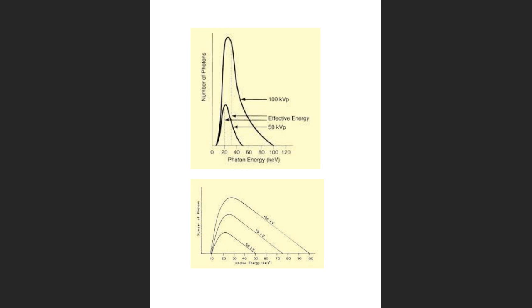So not only did we significantly increase the amplitude of this waveform, we also significantly increased the quality. So we shifted to the right on this 100 kVp waveform. Does that make sense? Yes. Okay.